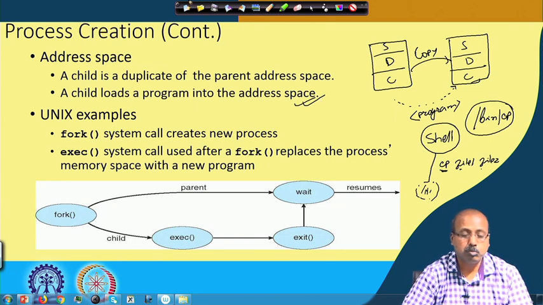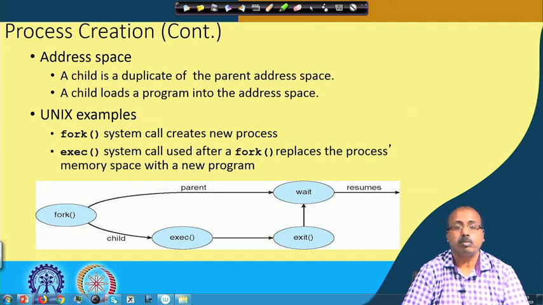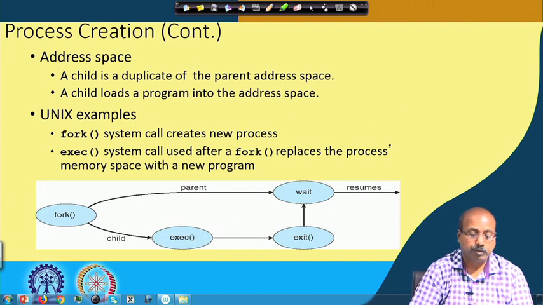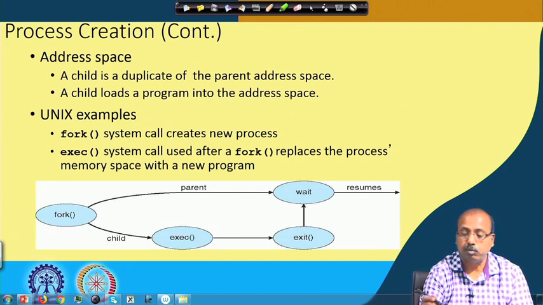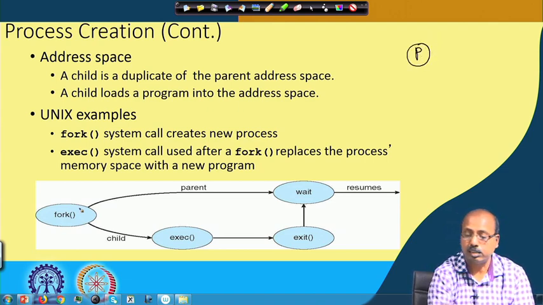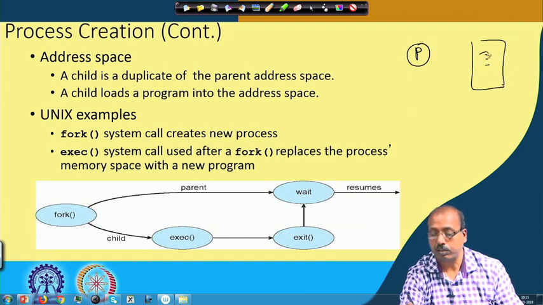We will be looking in more detail at the Unix operating system, and how process creation and these things work. The first system call that we have in Unix is the fork system call, that can create new child processes. Suppose I have a process P, and this process executes a fork instruction; somewhere in the code of P there is a fork statement.